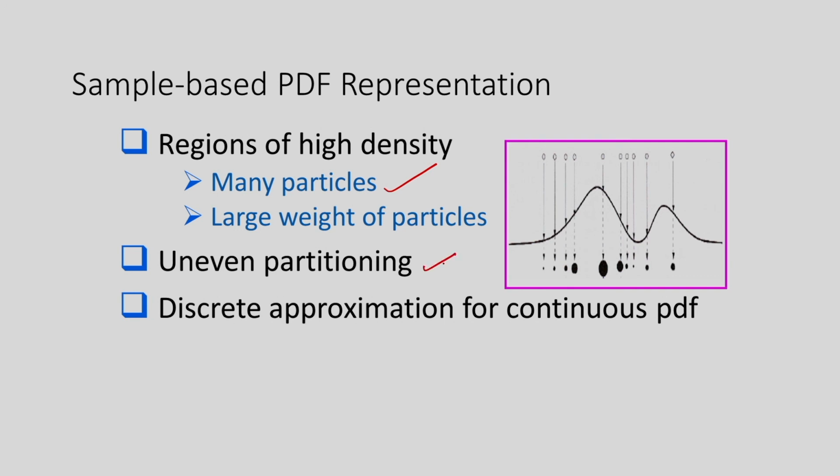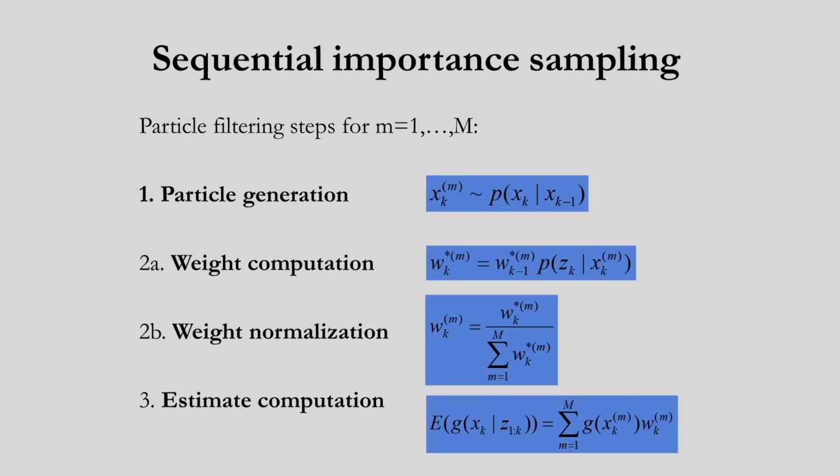In the region of high density we consider more particles, and corresponding to this we consider the large weight. So the weight of this particle is large as compared to this, and this is nothing but the discrete approximation of the continuous PDF.